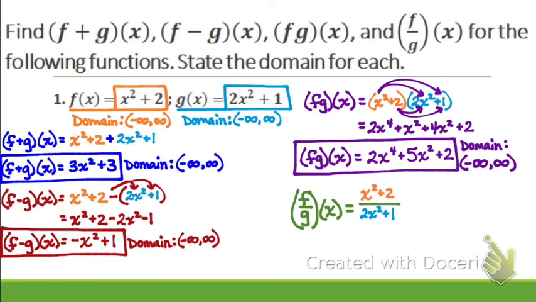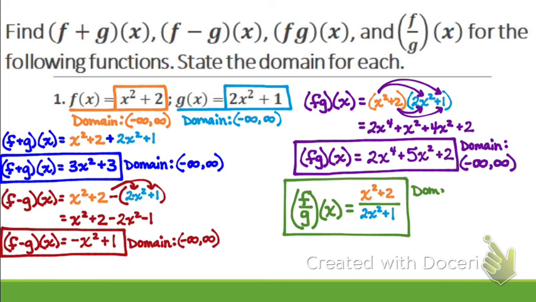No. X squared plus 2 has imaginary roots, so it's not going to factor. 2x squared plus 1 also has only imaginary roots, so it will not factor. I can't simplify it any more than this. So that is my quotient of these two functions.